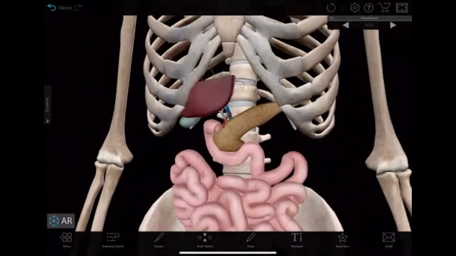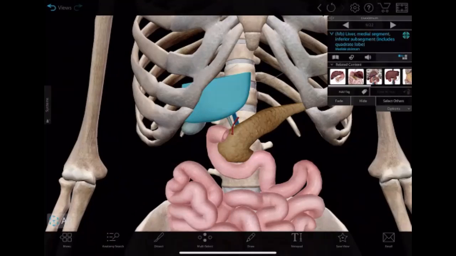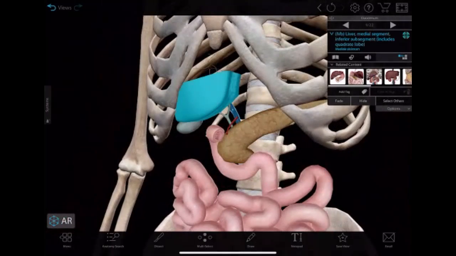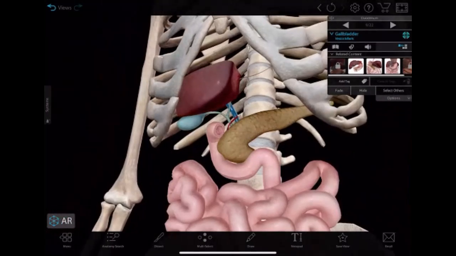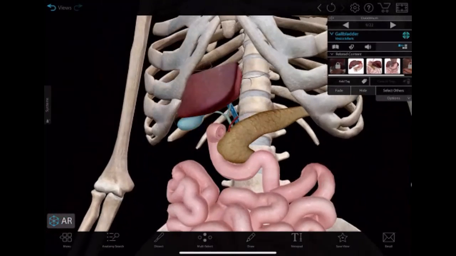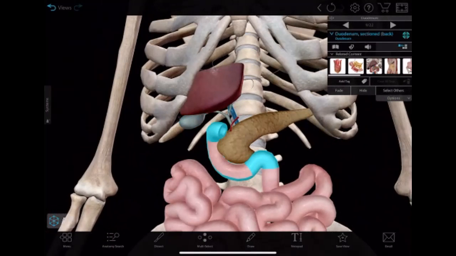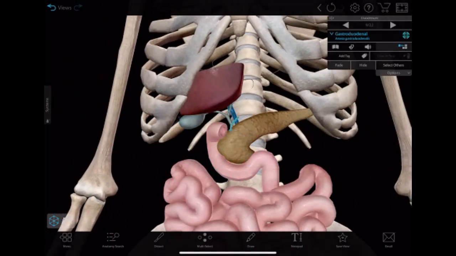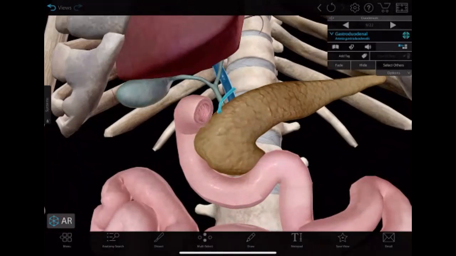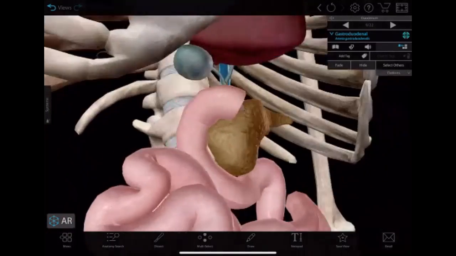Coming to the relations, this is the quadrate lobe of the liver, right? And you have already seen the gallbladder, right? That is the anterior relations, and inferiorly, because this is the first part, the head of the pancreas, and this is the gastroduodenal artery, right? Selected structure is the gastroduodenal artery.